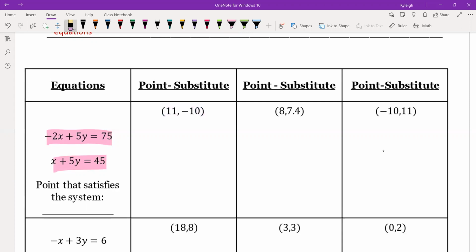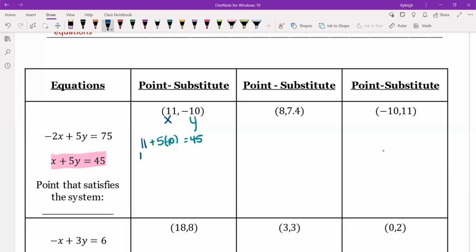So let's just start with the first one. I actually might do this one because I have less to multiply. So we're going to take this equation and remember x is 11 and y is -10. So instead of x, we're going to do 11 plus 5 times -10 equals 45.